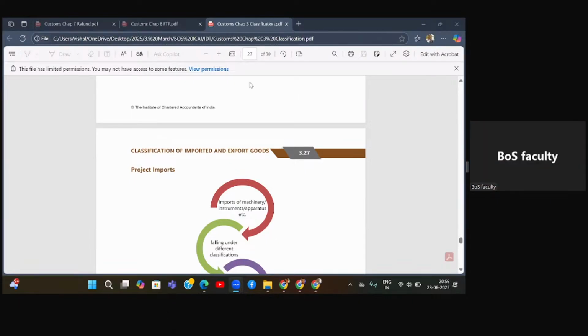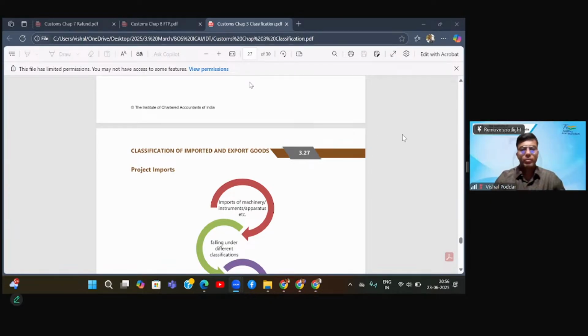Good evening, students. As you are nearing the completion of your syllabus for indirect tax laws, today you have covered so many concepts of customs in one class. So this was actually a very enriching class. Since you are nearing the completion of your syllabus, I would like to share some insights with you.